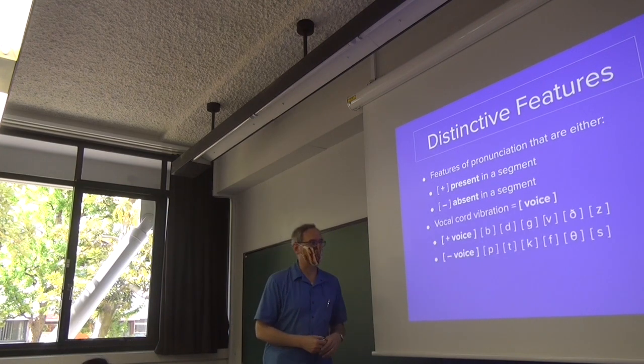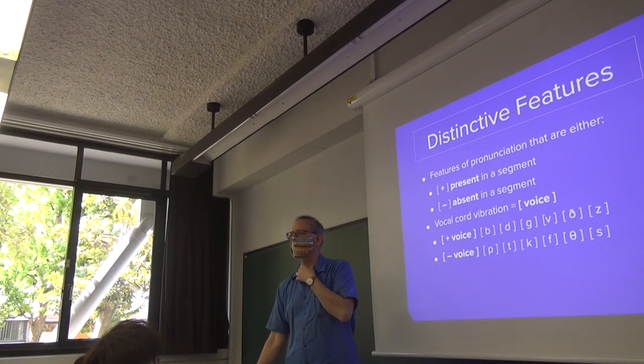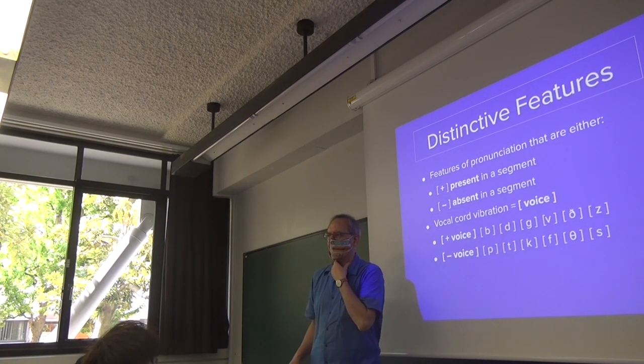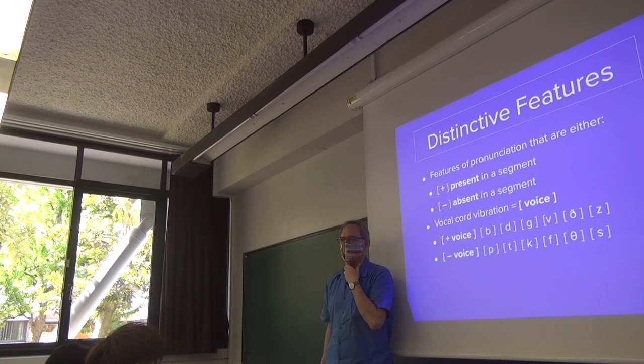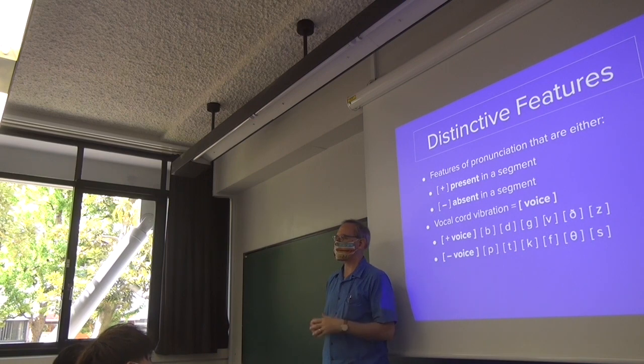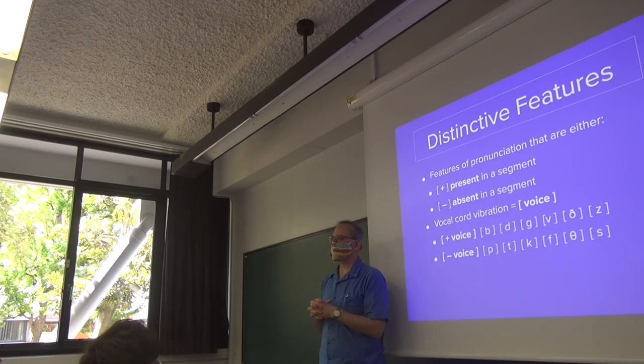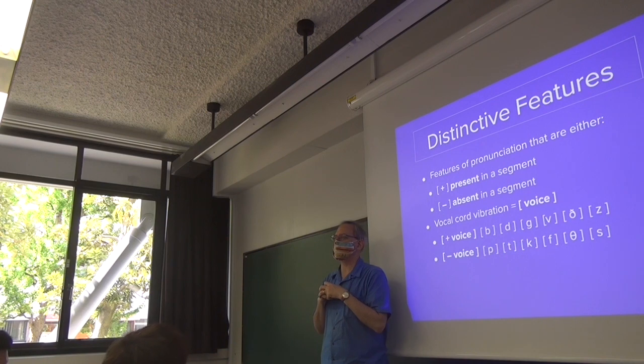So we'll see the examples, but one simple one would be your voice. The voice vibrates during the pronunciation of many segments. Surely the vowels, sounds like E and A, my voice is part of the pronunciation. But some segments are pronounced without the vibration of the voice.